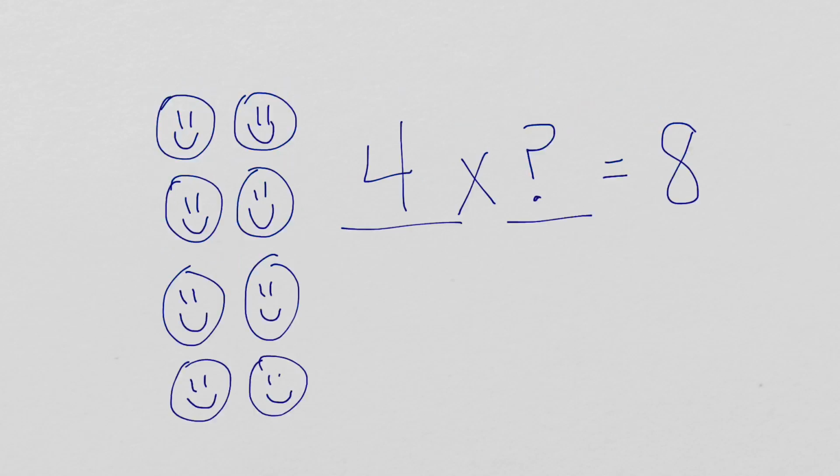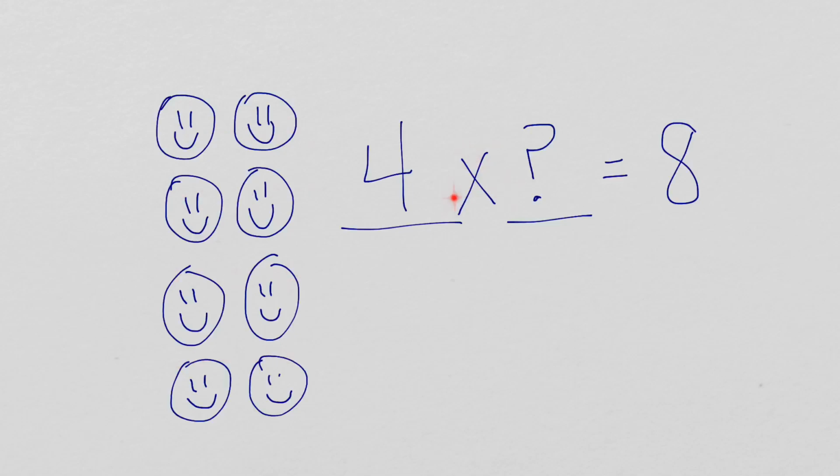Let's try one more. Now, they're going to show you another image of an array, or a representation of an array, fancy words. Well, look here. They gave you the first factor, and you know that factor represents what? Great, it does. It represents the rows.